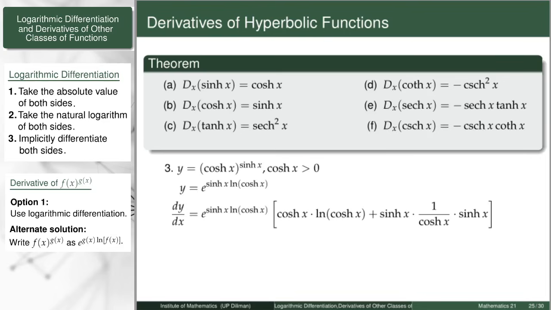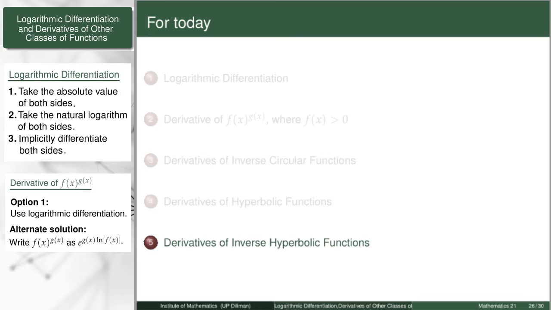Now we go to our last class of function, and that's the inverse hyperbolic. The good thing about the hyperbolic functions is that it's very similar to the circular, and it turns out that the inverse hyperbolic function is very similar to the inverse circular functions as well. So how we deal with the derivatives of the inverse circular is how we are going to be dealing with them as well for the inverse hyperbolic.